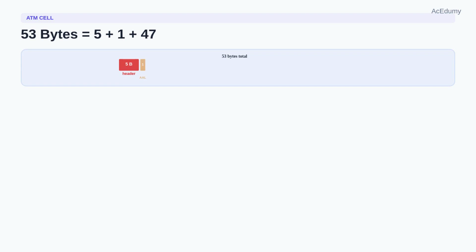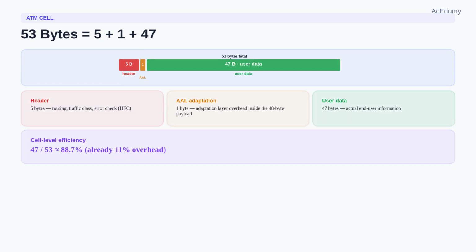Now the cell. Asynchronous transfer mode, or ATM, was the technology of choice for broadband transport in the 1990s. It uses fixed-size cells of 53 bytes, chosen as a compromise between voice latency and data efficiency. 5 bytes are the ATM header, routing, traffic class, error check. 48 bytes are the ATM payload.